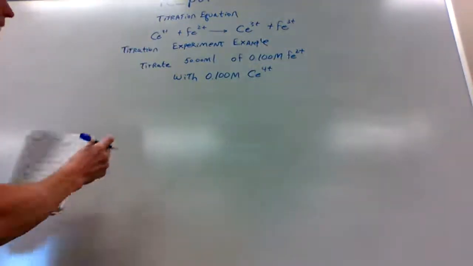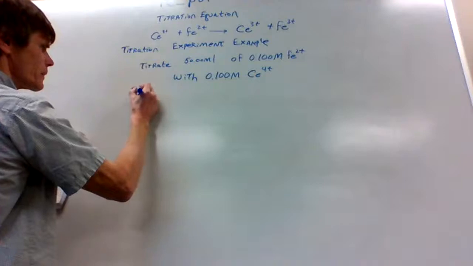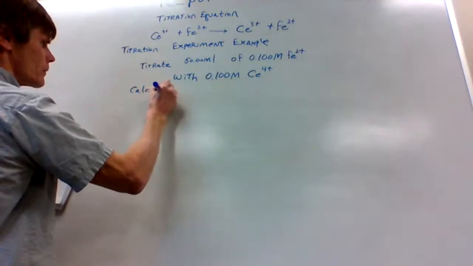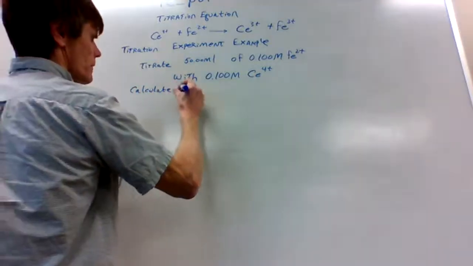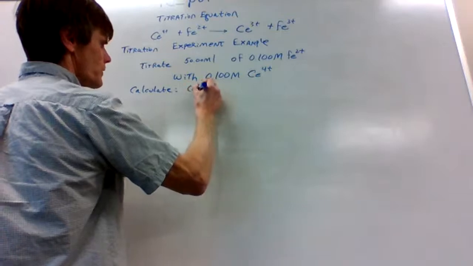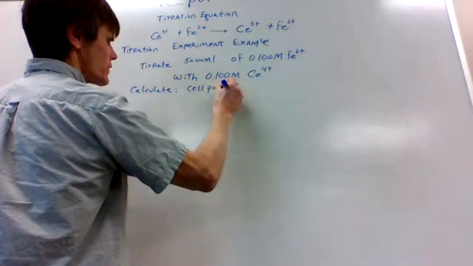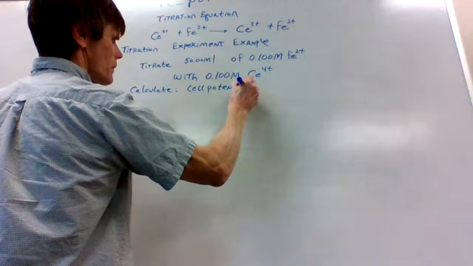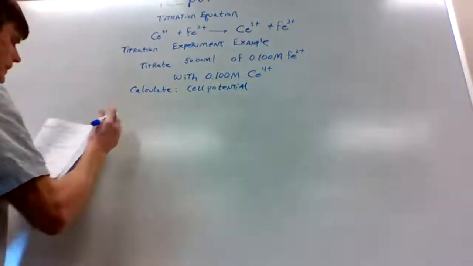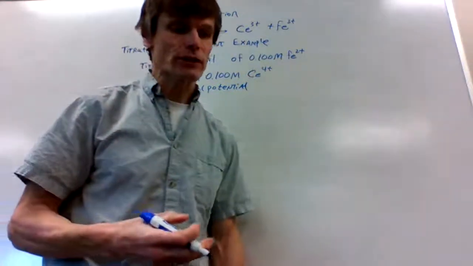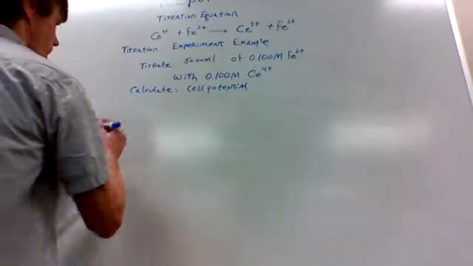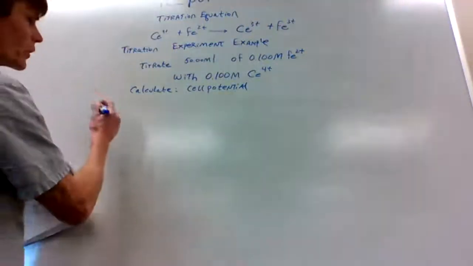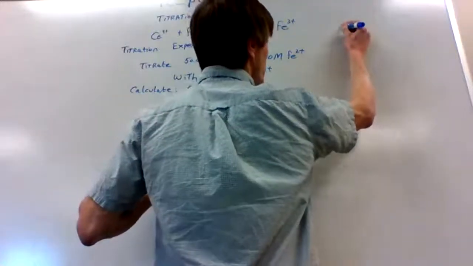And what we're going to do is calculate the cell potential at the working electrode. We're going to look at it for different additions of our ceric 4 positive. So we're going to look at different conditions.